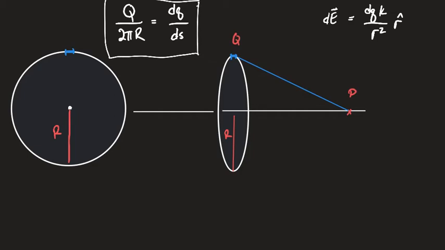So, do I need to go into this anymore? Because I'm saying that this little piece has dq amount of charge and is ds long. This is in meters. It's a length. It's a piece of the arc, a piece of the entire circle. And this is charge. It's in coulombs.